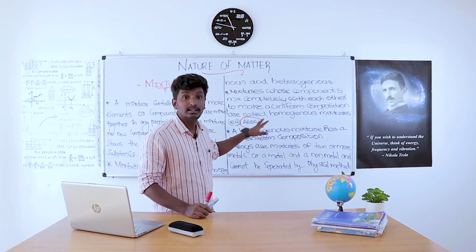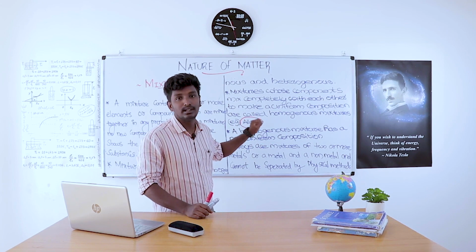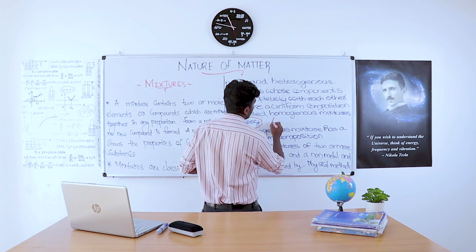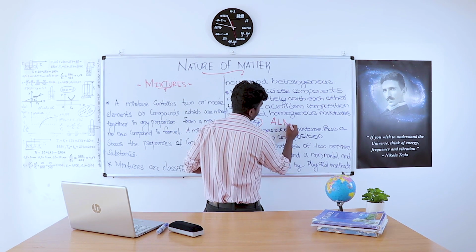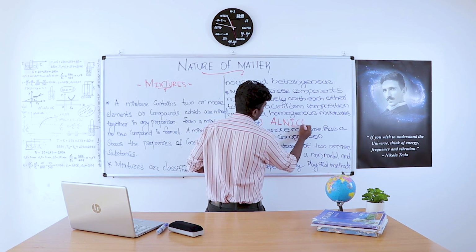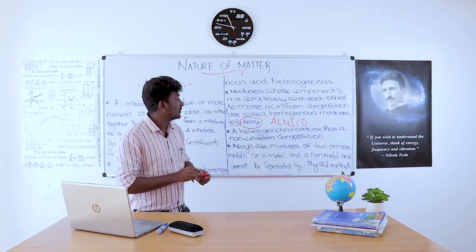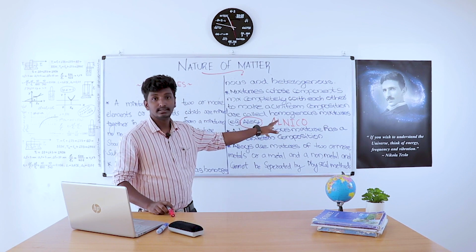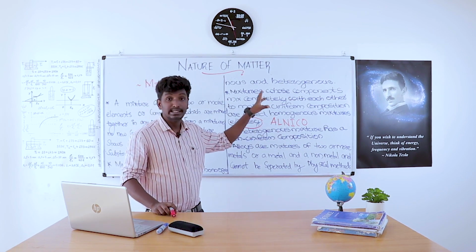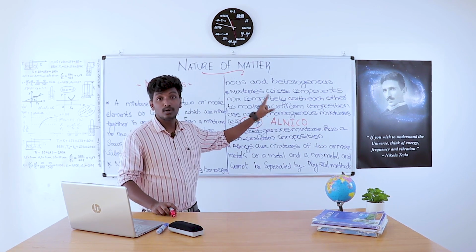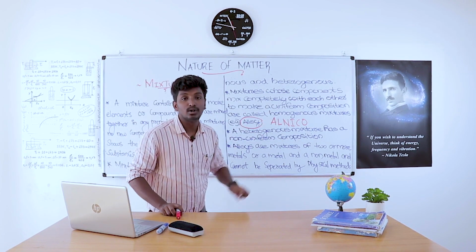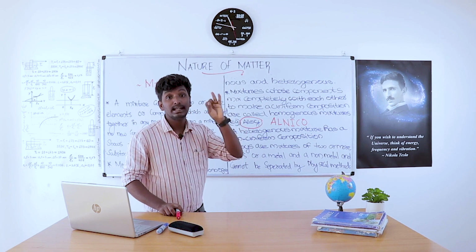For example, alnico is an alloy. Have you heard that name? Alnico. In this, aluminium, nickel, iron, cobalt and copper are the constituents of alnico.